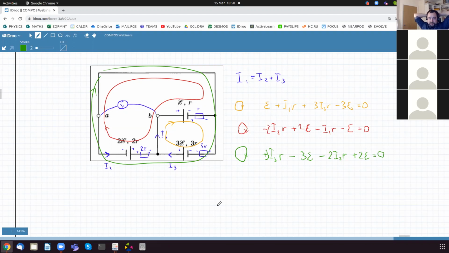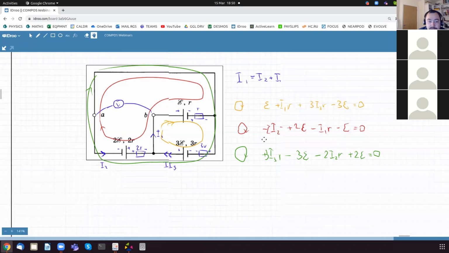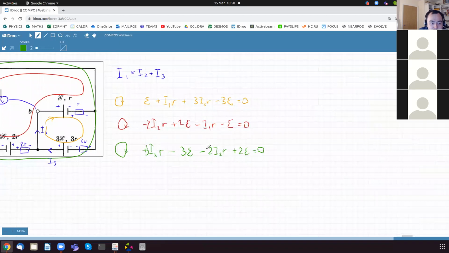Looks a little bit rough. What can we do? Well, we can make our life a little bit easier by replacing I1 with I2 plus I3. So I'm going to go in everywhere where I can and replace I1 with I2 plus I3.